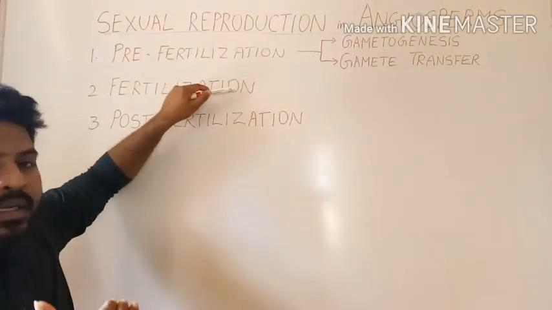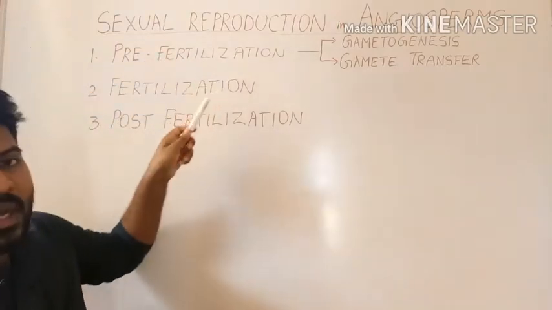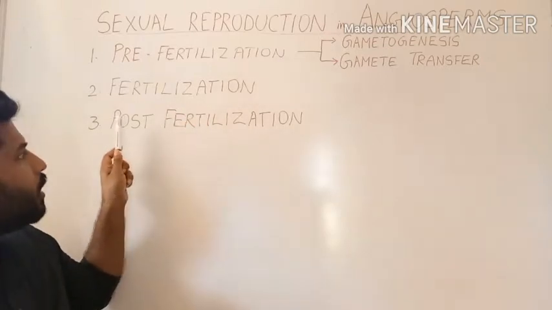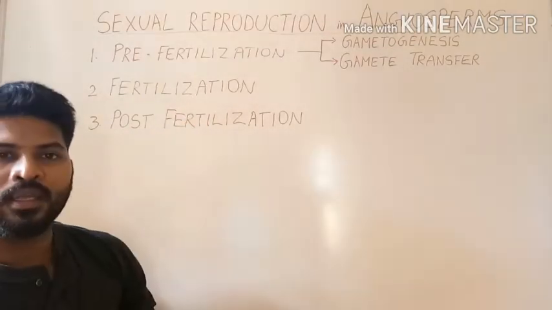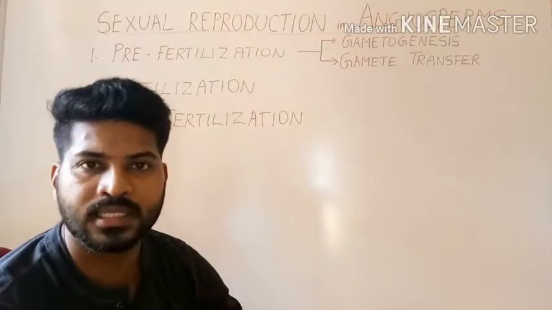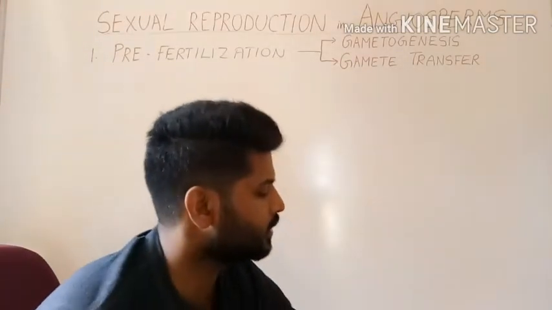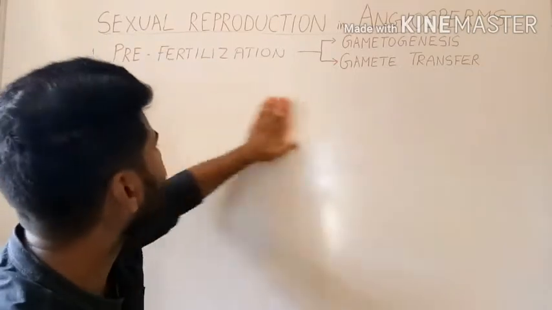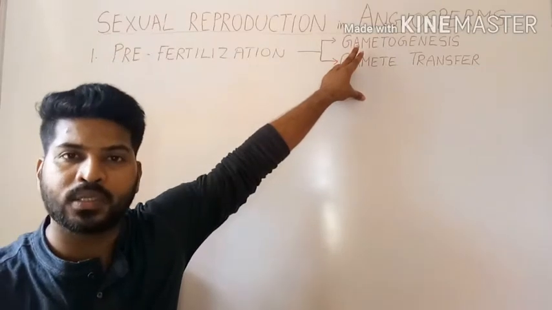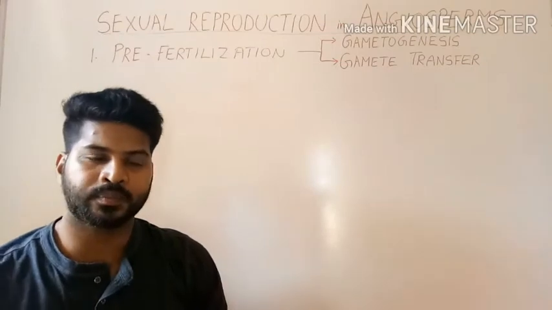So all the events before this are called pre-fertilization events, and events after the fusion are called post-fertilization. In this session, we will discuss the pre-fertilization events. Pre-fertilization events are further classified into step number 1, that is gametogenesis, and step number 2, that is gamete transfer.